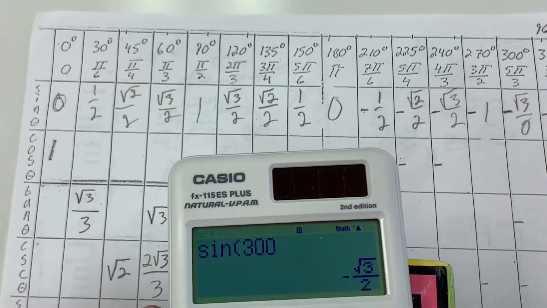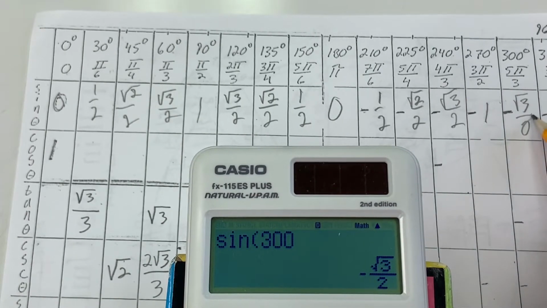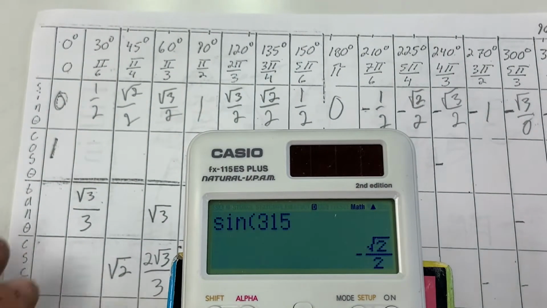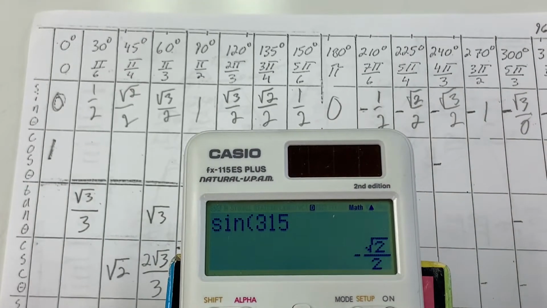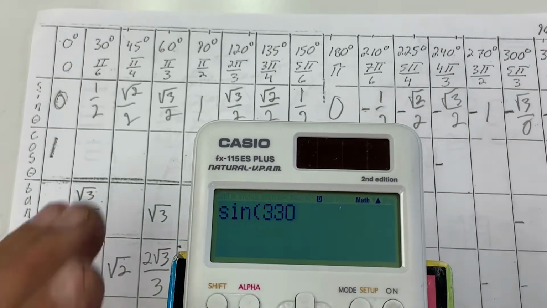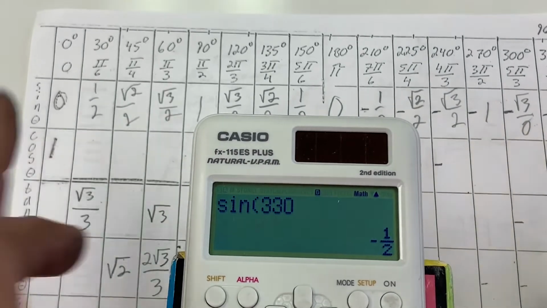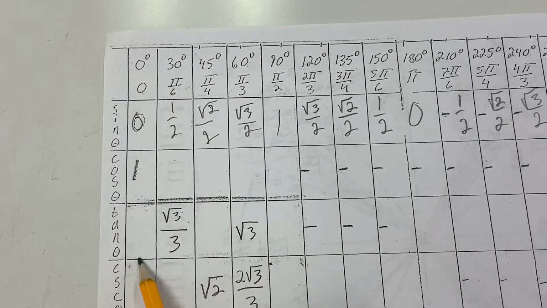Sine of 7 pi over 4, or sine of 300. Oh, I already did sine of 300. Now I'm going to do sine of 315. Sine 315, negative root 2 over 2. Sine of 330, -1/2. And you would do the same process for cosine and tangent.